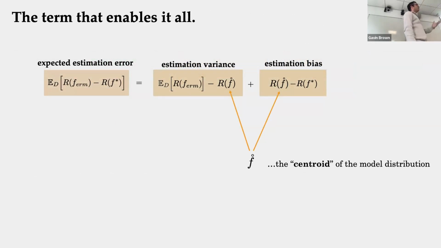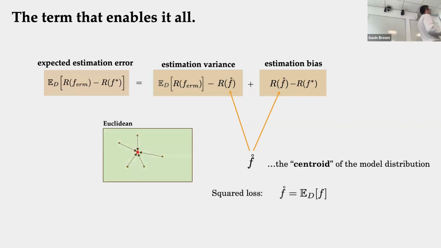The centroid of the model distribution, if you're using a squared loss function, just happens to be the expected model, the expectation over possible training sets. Because of the geometry of the squared loss, it has a Euclidean geometry.